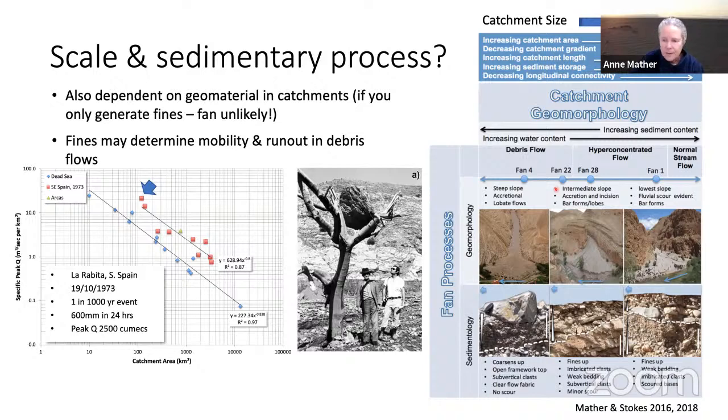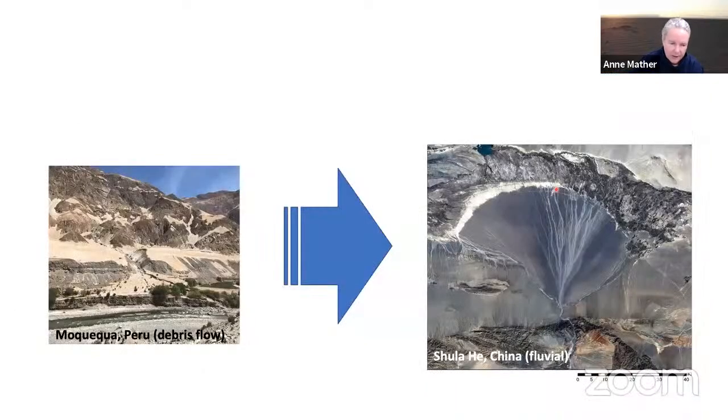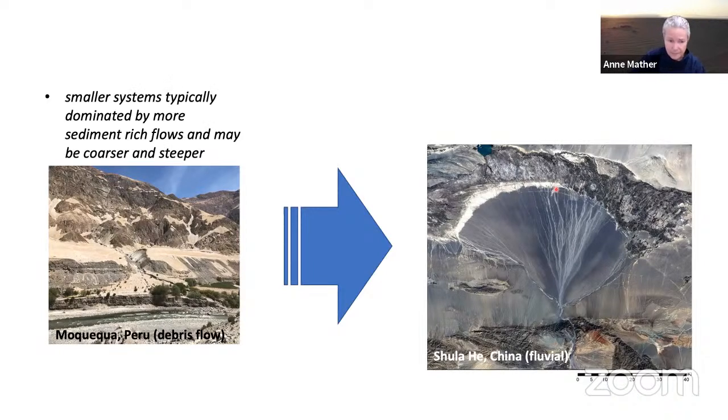So if we piece all this together, what this really means is that if we look at the smallest end over on the left, for example, we tend to find fans are steep, small, and dominated by debris flow. And at the other end of the equation, the large systems tend to be fluvial, much larger and lower gradient.